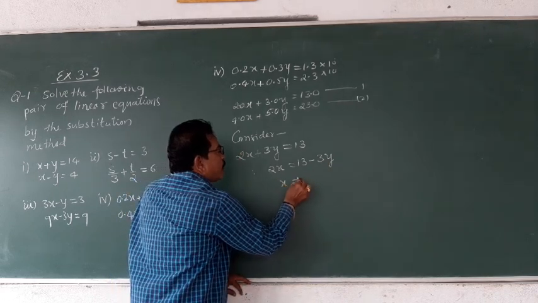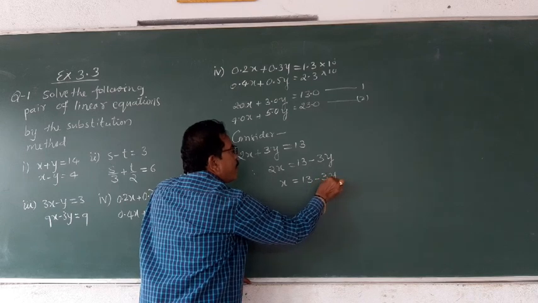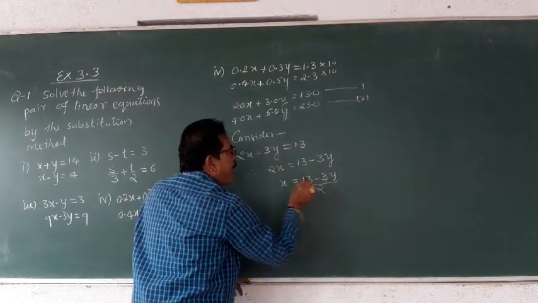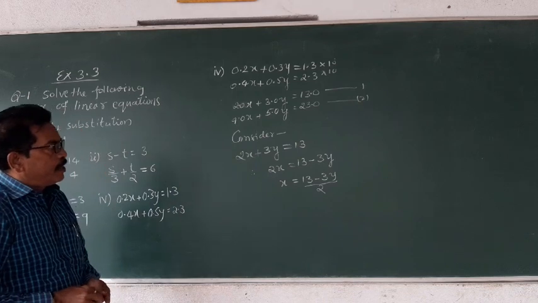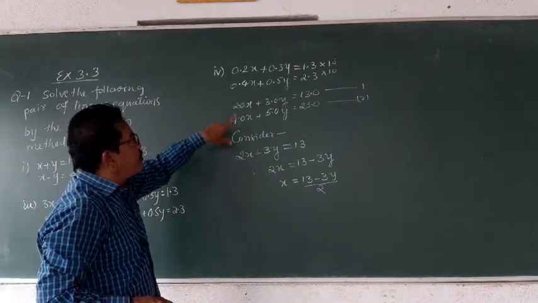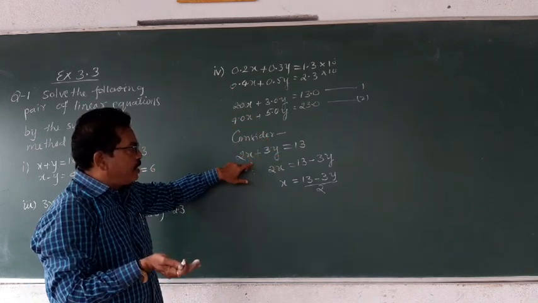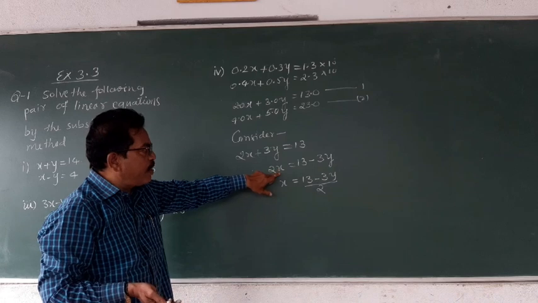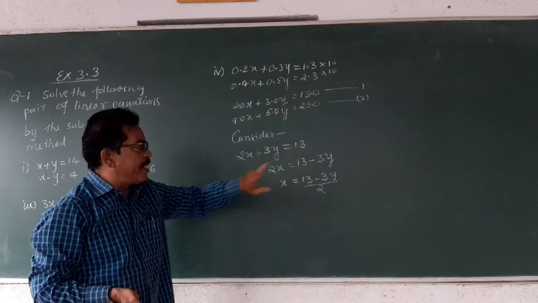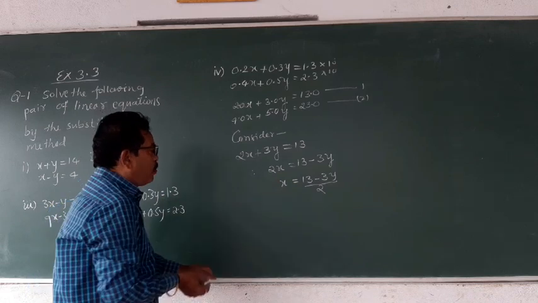Therefore x equals 13 minus 3y divided by 2. We have converted the equation 2x plus 3y equals 13 into x format, that is 2x equals 13 minus 3y, therefore x is equal to 13 minus 3y divided by 2.